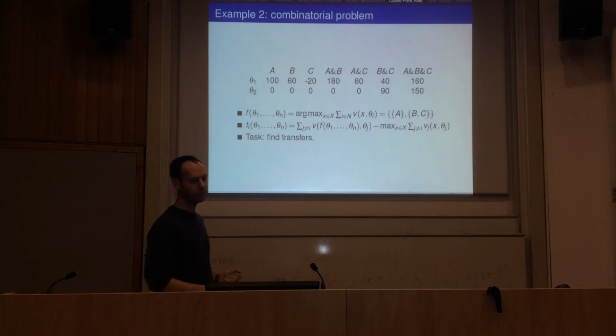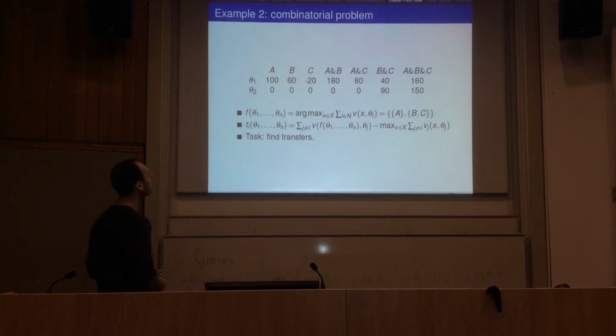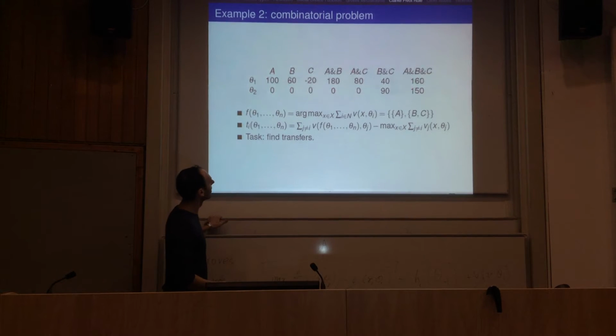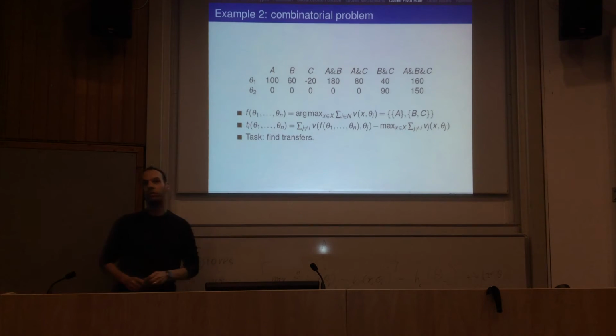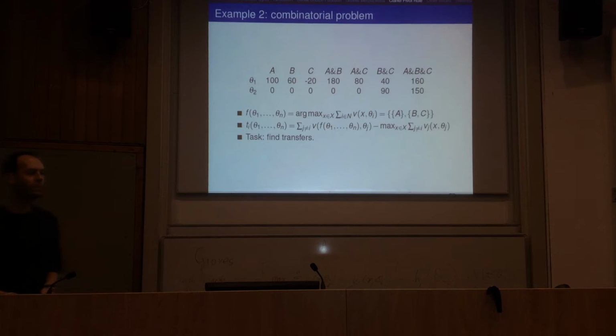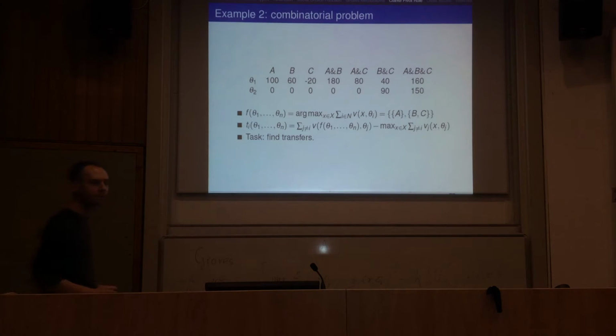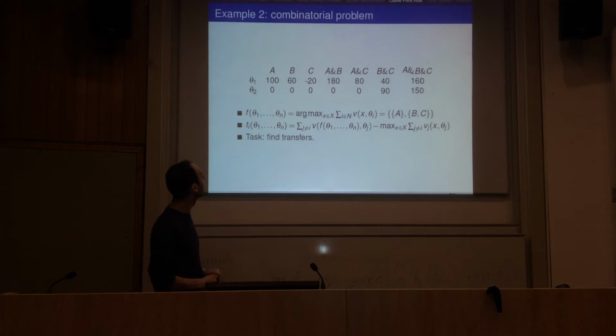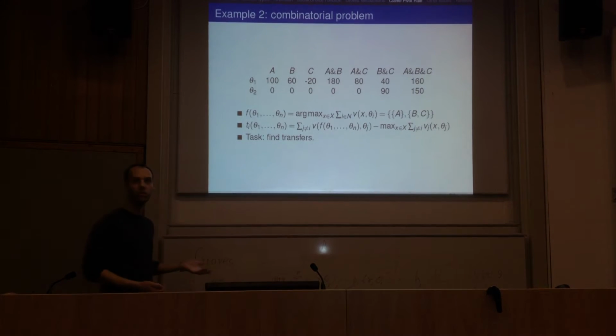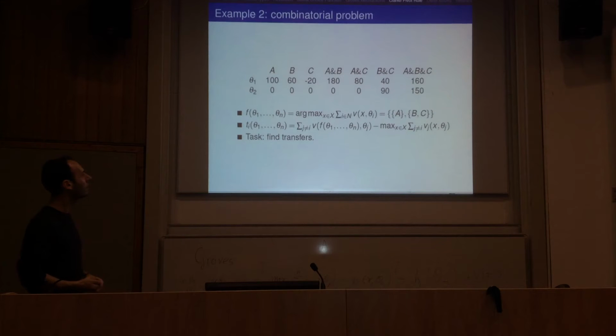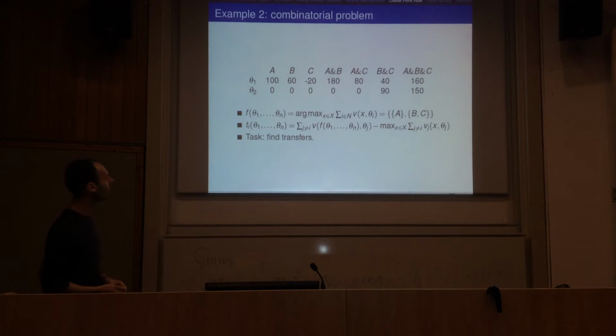So this is the problem we started off on Tuesday. Same problem. We already know what the optimal allocation is. We also know what the optimal allocation is without agent 1 and without agent 2. But the key now is to find the transfers.